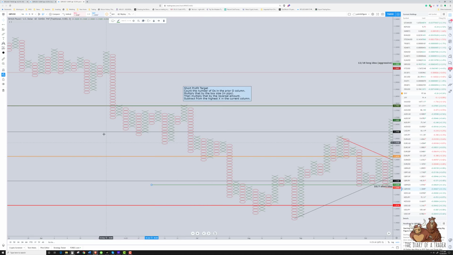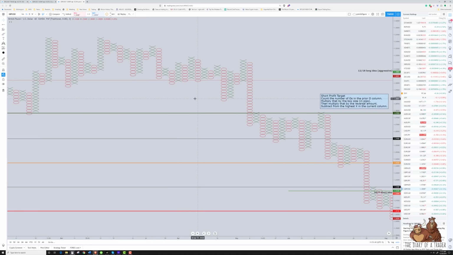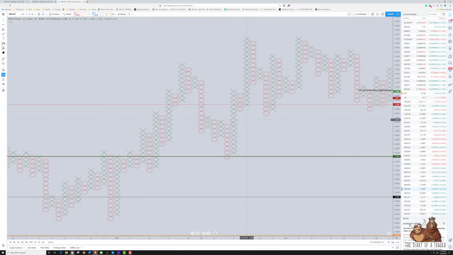Now on the long side of it, we do the same thing. That's all we do. We just do the inverse. If we want to say, where's a long target? Like we could use right here. There's 4. A lot of these you can probably just do in your head. So if I'm going to do a long side here, I see there's 4 X's. Multiply that by the box amount, which is 20. That's 80 pips.